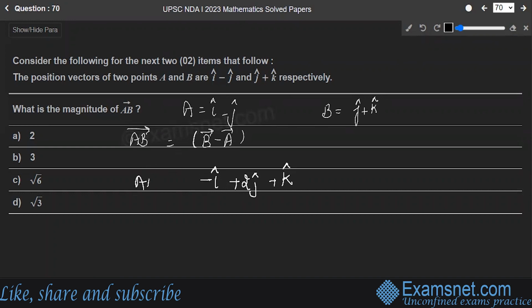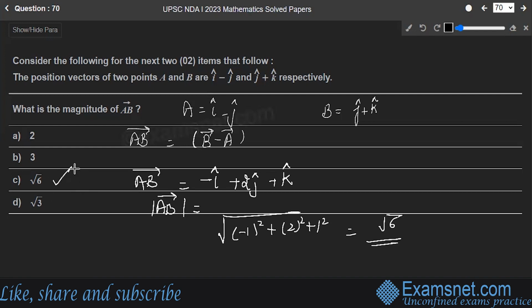So this is AB vector. Now you have to find out the magnitude of it. Let's go for finding out the magnitude. This will be given by -1 square plus 2 square plus 1 square, which is √6. So option C is the correct answer. Hope you got this. Let's move to the next question.